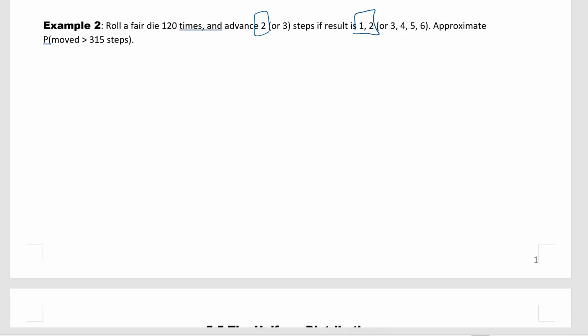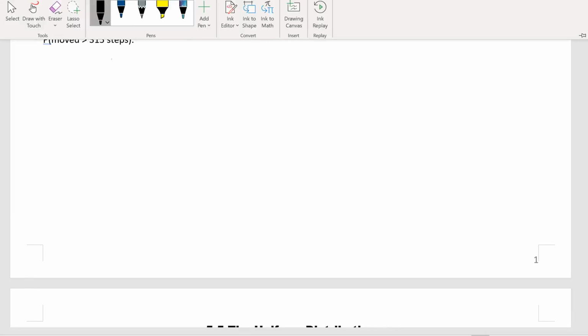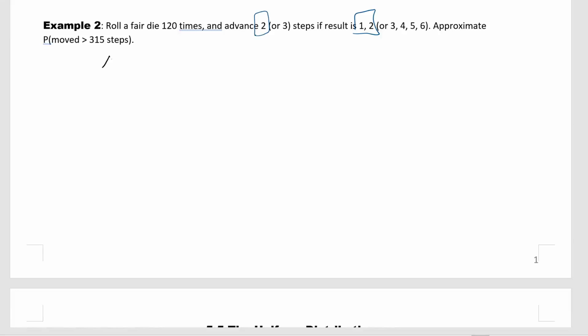Then approximate the probability that we move more than 315 steps. Let X be the number of steps we move.